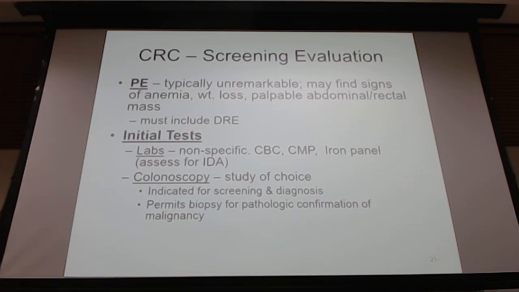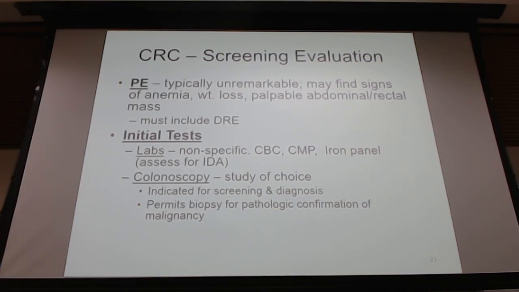So initial test, very non-specific, but we still need to get that done. Get a CBC looking for anemia, get a CMP. If there's some bleeding going on in the GI tract, then we'll probably see an elevation, what lab comes out of the BMP? So BUN. BUNs go up if there's bleeding in the GI tract.